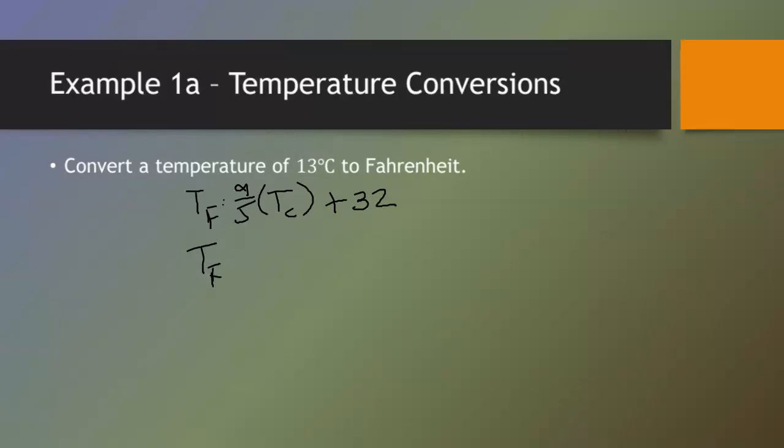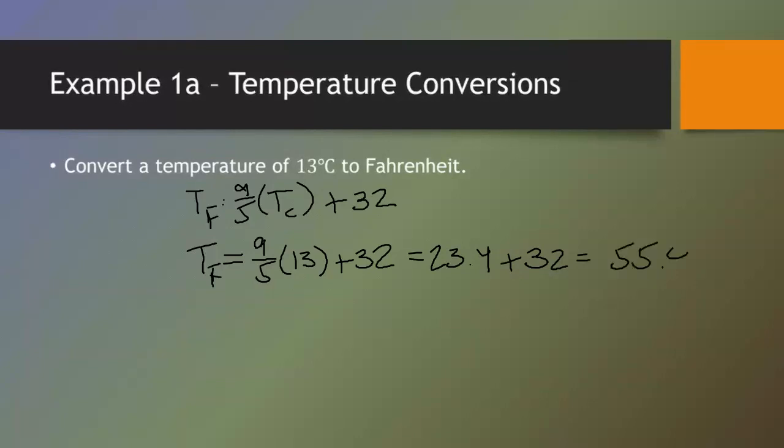So what we're going to do is just plug in 13, and then use your calculator to solve this. 9/5, which is really just 1.8, times 13 will give you 23.4, plus 32. And you get a temperature of 55.4 degrees Fahrenheit.